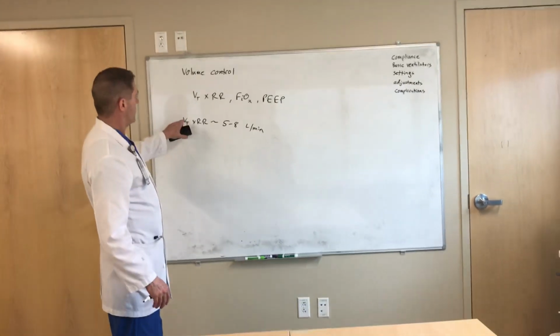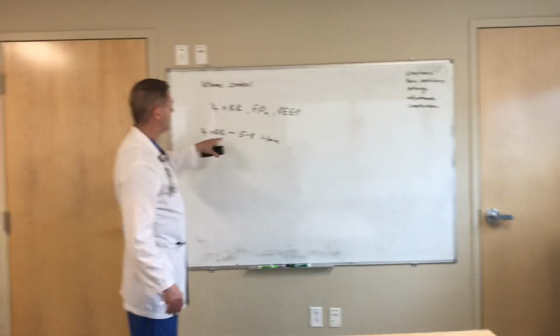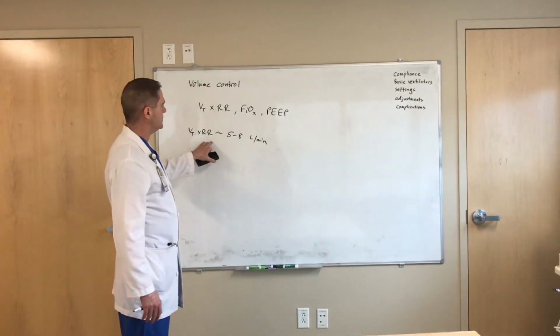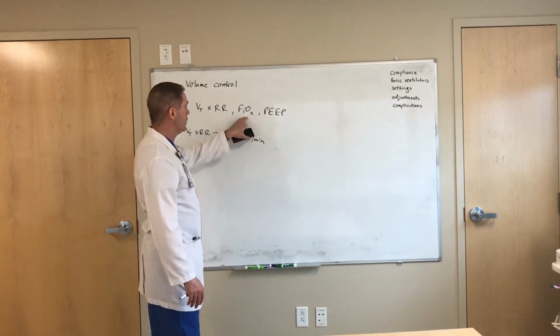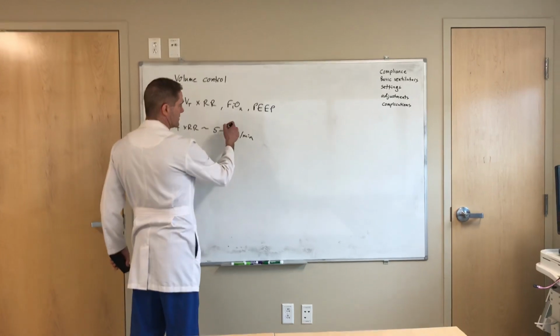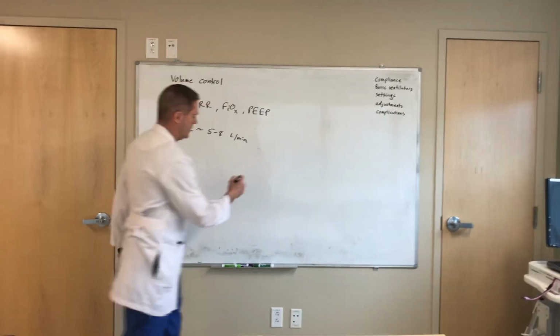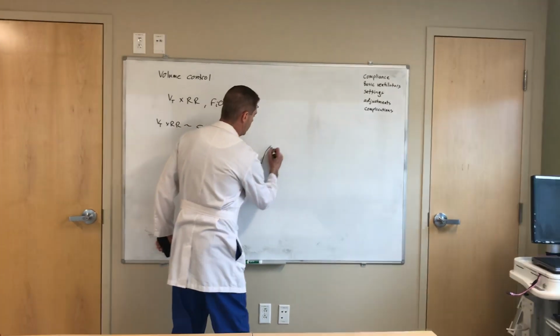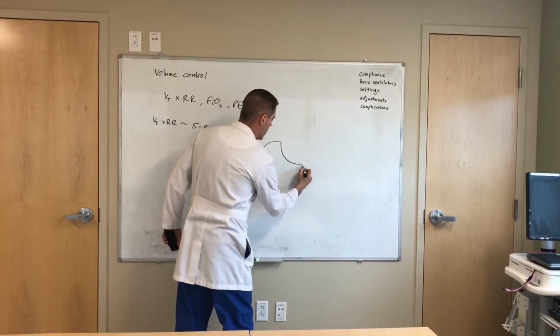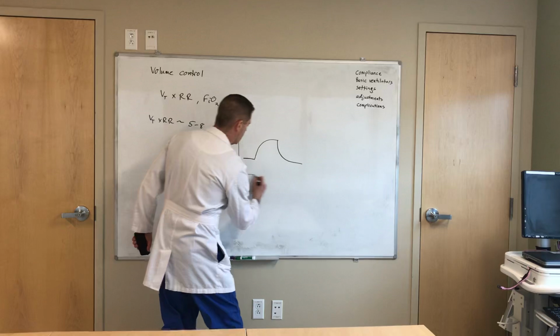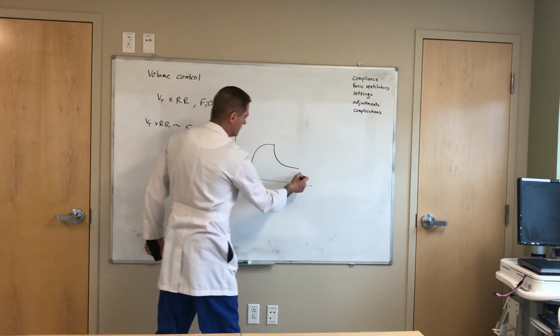So you calculate your tidal volume and estimate what you think your minute ventilation should be based on the circumstances. Most people you're going to start off with either 100% or 90% FiO2. PEEP is when I give a positive pressure breath and allow it to come back down; this is my scale and this is 0. I don't let it come down to 0.